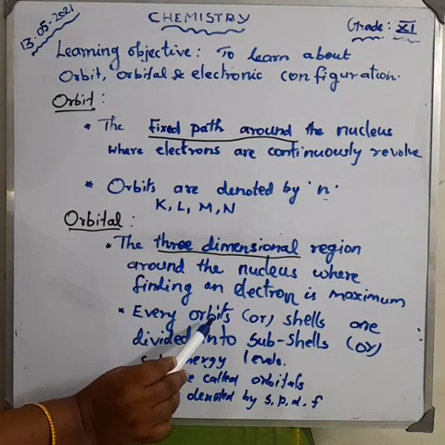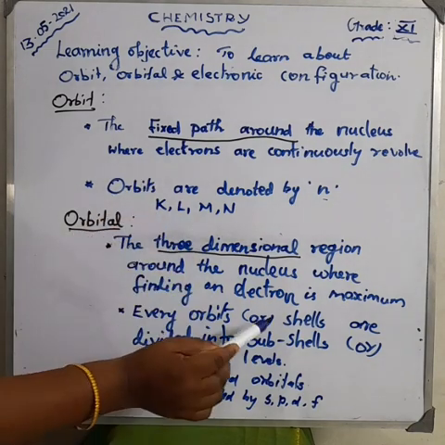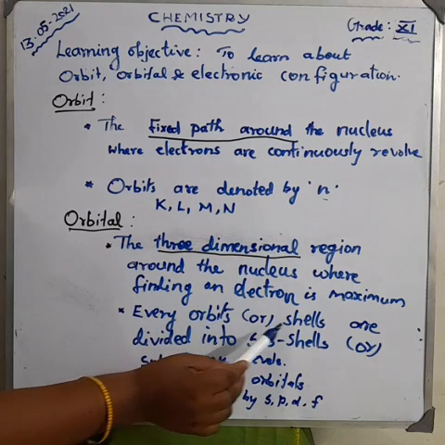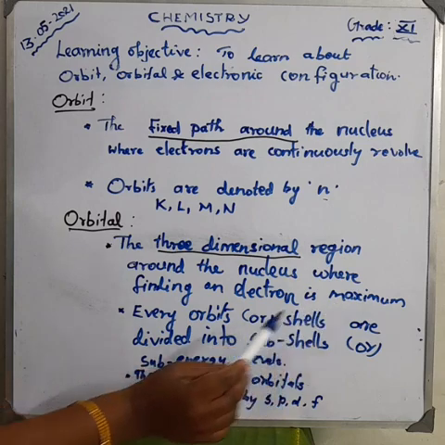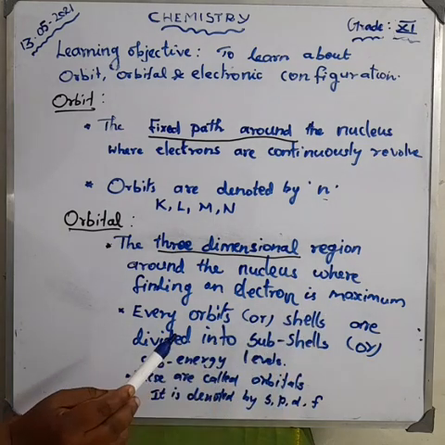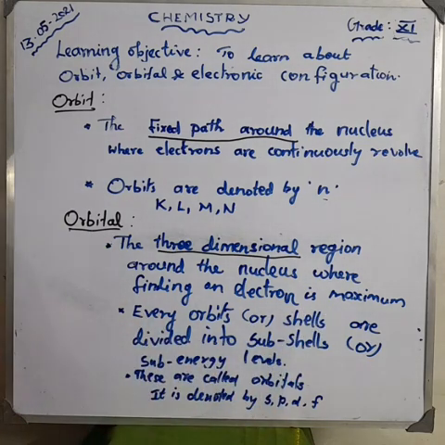Every orbit, which we otherwise call a shell, is divided into subshells, otherwise called sub-energy levels. These are called orbitals.